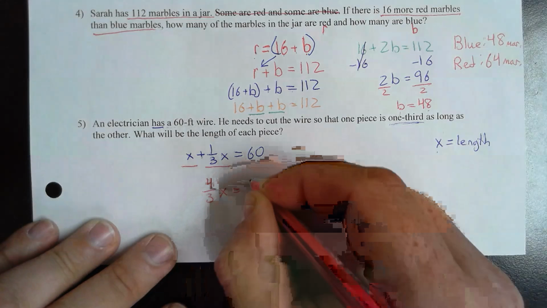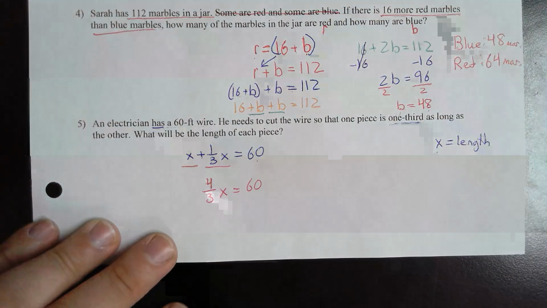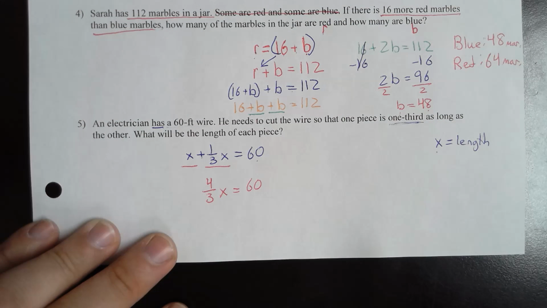And then how do we get rid of our fraction there? So instead of dividing by 4/3, we have to do what? Times by the reciprocal.